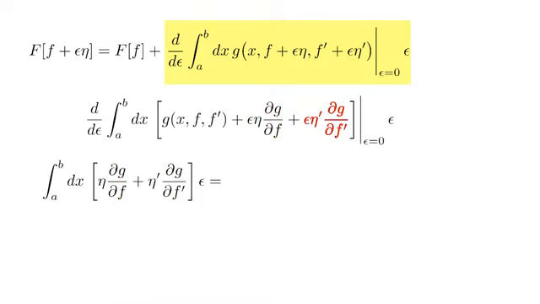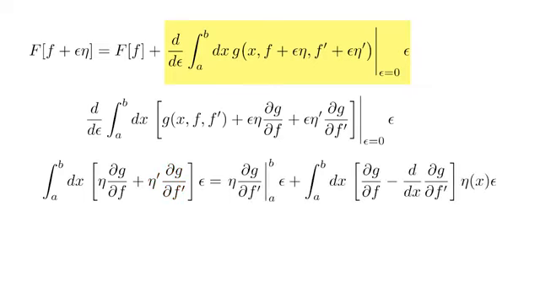If we carry out the derivative with respect to epsilon, only 2 terms survive. And now you see one thing. We have an integral in the x of eta prime, which means first derivative with respect to x. So we can integrate this term by parts and have the following. What is the advantage?